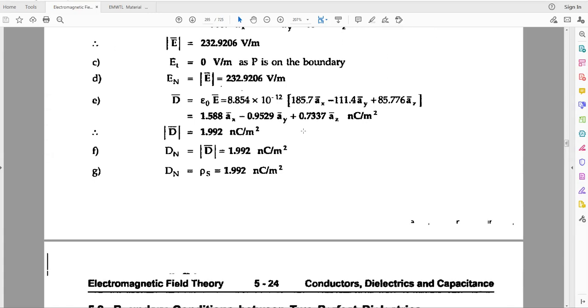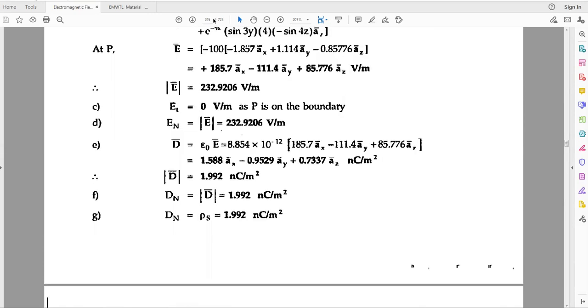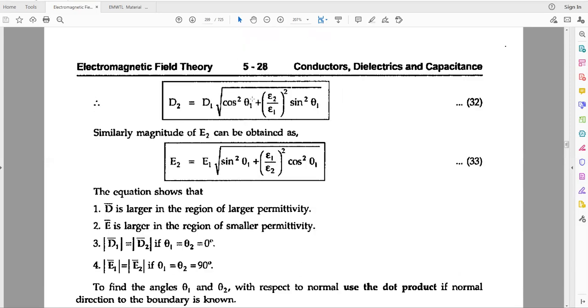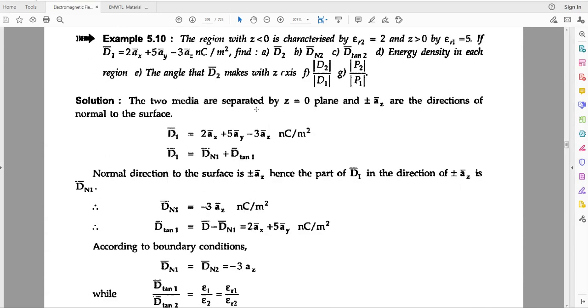The next example, the region with z less than 0 is characterized by epsilon r2 equal to 2, and z greater than 0 by epsilon r1 equal to 5.